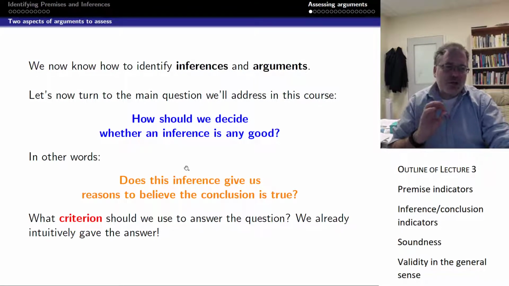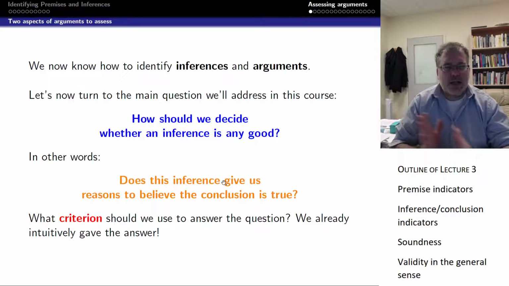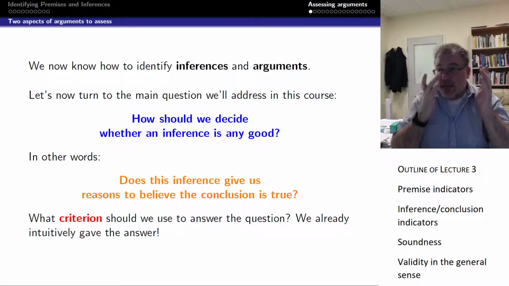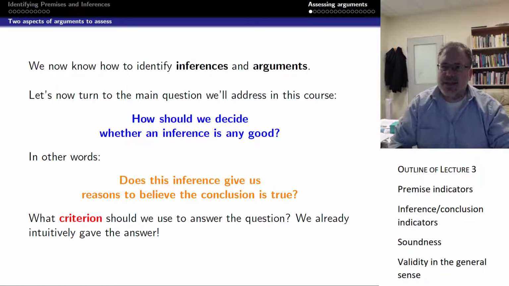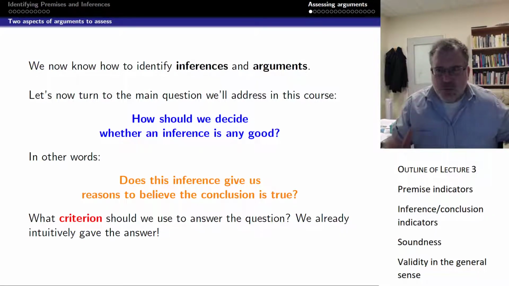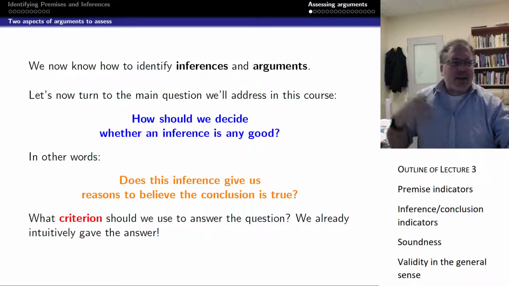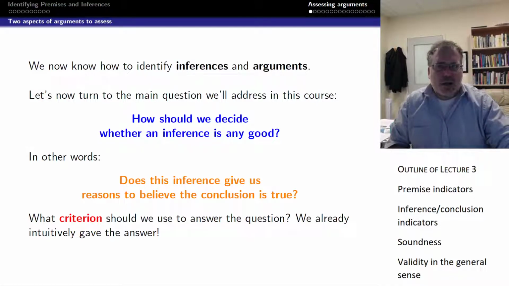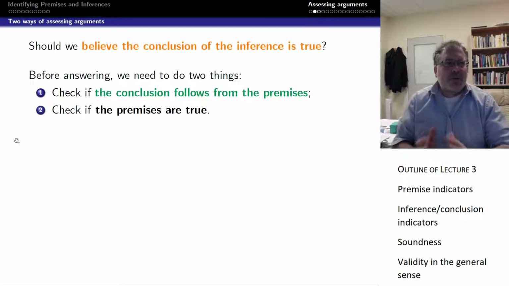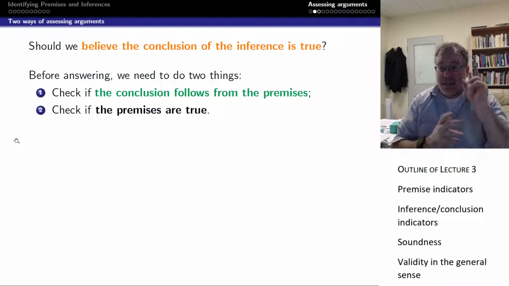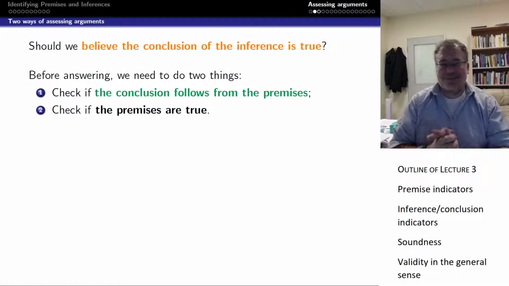So we're going to look at this question and break it down into a couple of criteria. But we've already gone over some examples, so we already have some sort of intuitive understanding of what we should do mentally in order to decide whether an argument is good or not. But let me break it down into exactly two questions. Right?